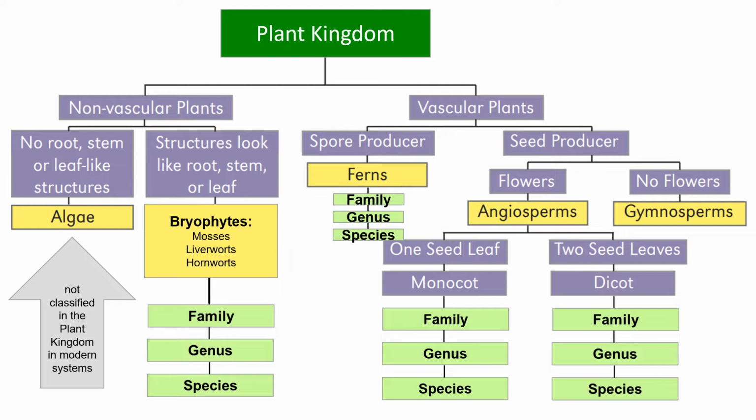You can see that examination of the physical characteristics of a plant enabled taxonomists to place it in the appropriate hierarchical ranks based on whether the plant was vascular or non-vascular, whether it produced from spores or from seeds, whether it produced an ovary or no ovary, and whether or not it was a monocot or a dicot. Below this, a plant could be classified into a family based on a defined set of physical characteristics, then into a genus, and then into a species.